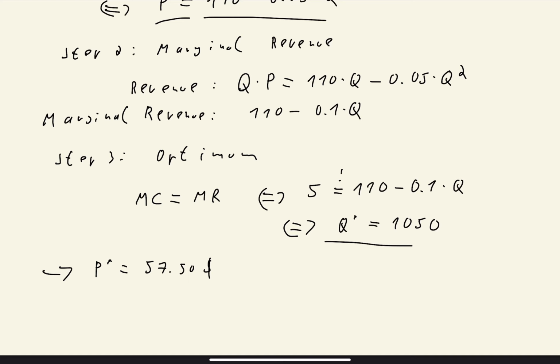So this is what you get as a price in this market, and then the profits. The profits are given by P star times Q star minus the costs, which was Q star times 5. So what you get at the end is $55,125.